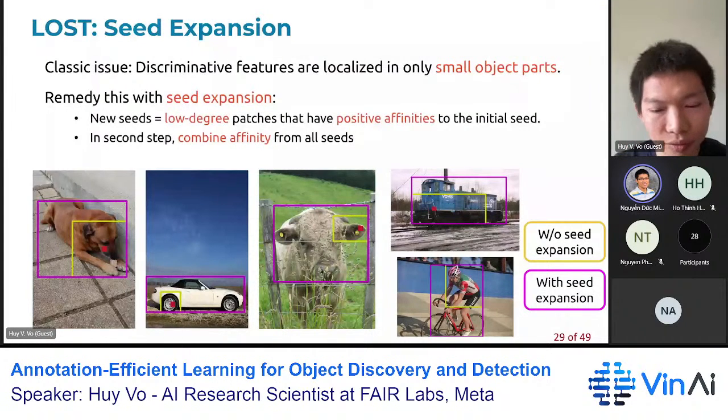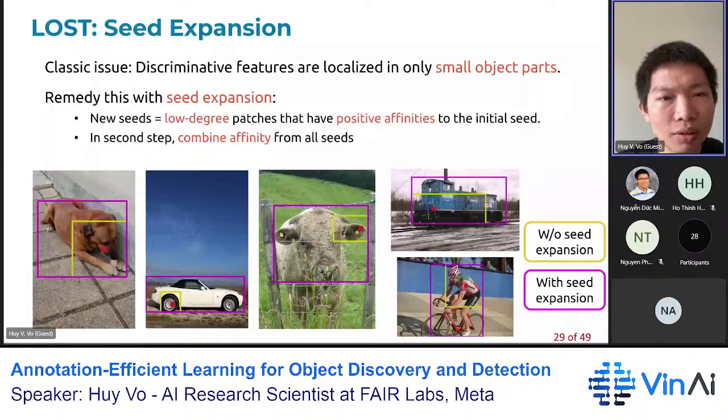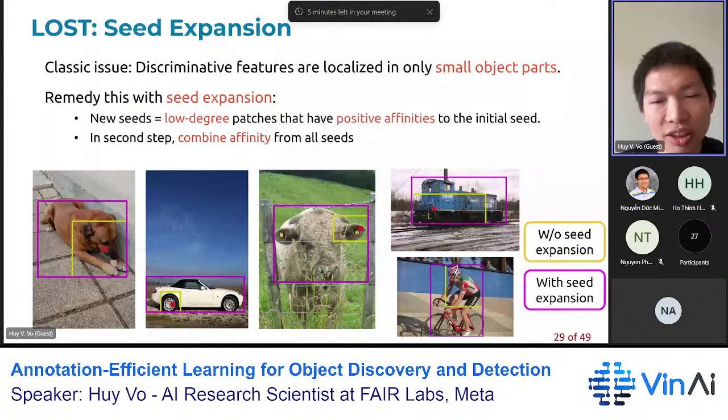Can I use some technique like CAM, the classification map, as the initial map and use this technique to find a box? Yes, I think probably the most important detail in LOST is finding the seed.